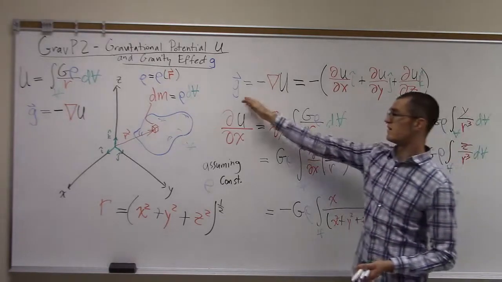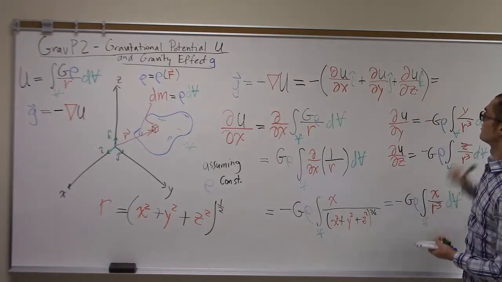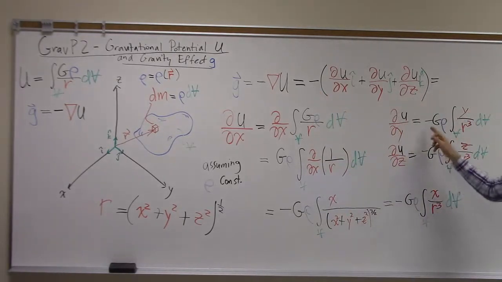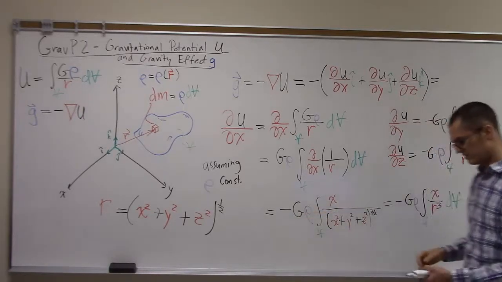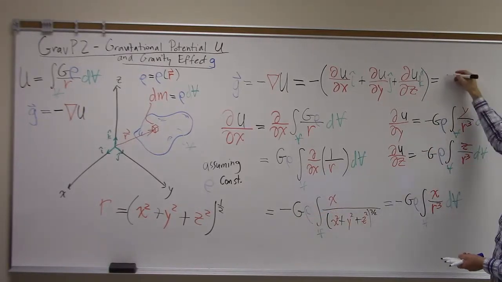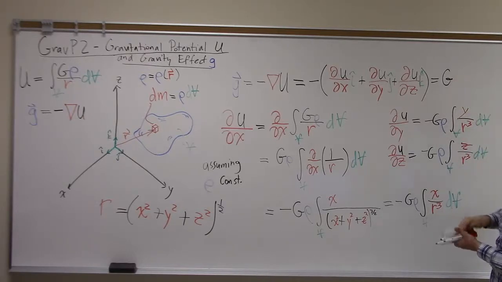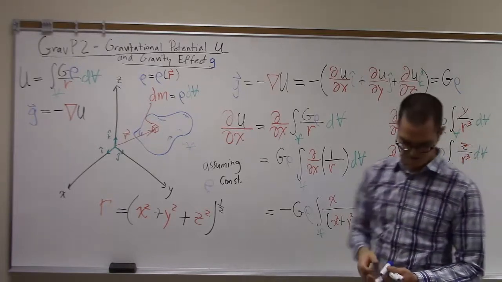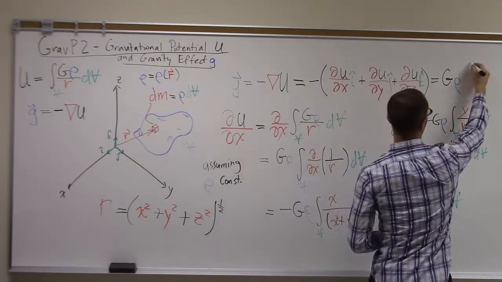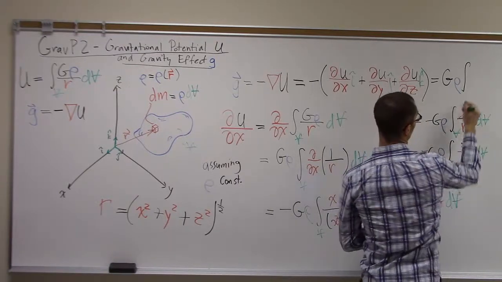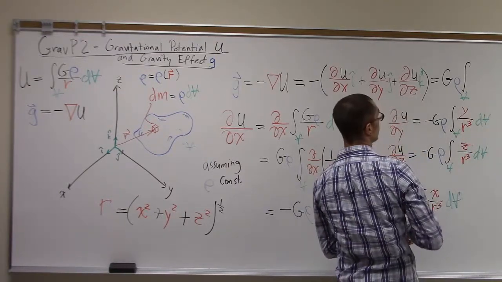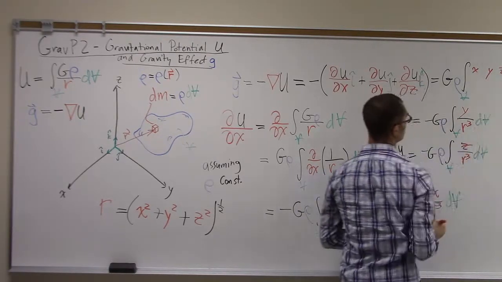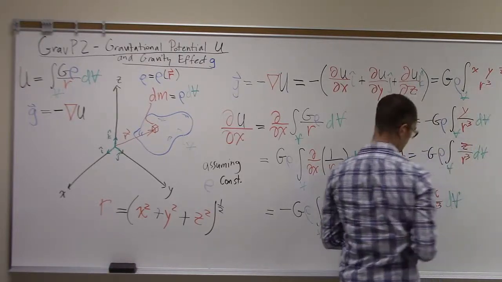So finally, we can evaluate the g field by just substituting these 3 expressions. This one also had a negative sign out front, so that's going to cancel with all of these negative signs. We'll be left with, in the case that rho is constant, the gravity field due to some arbitrarily shaped mass is G rho integral over the volume of, in the numerator, x, y, and z, and in the denominator r cubed.